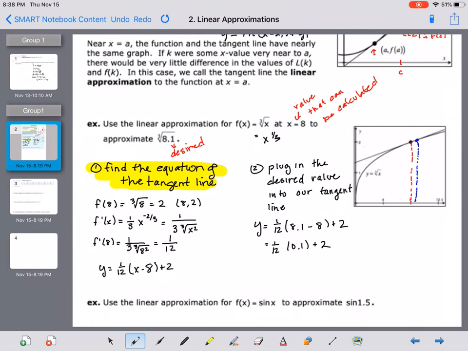Now, if you don't know what 1/12 of 0.1 is, we could always use long division. We're taking 0.1 and dividing it by 12. So I'm going to just do some long division, going back to middle school right here. Decimal place, 12 doesn't go into 1, so I'm at 0.